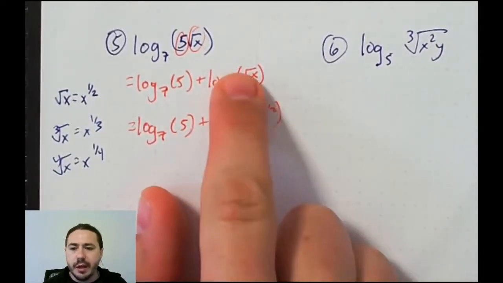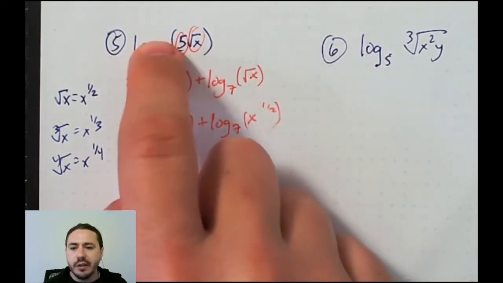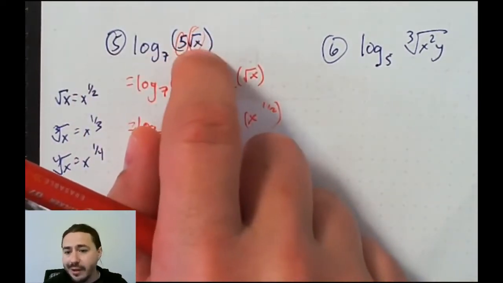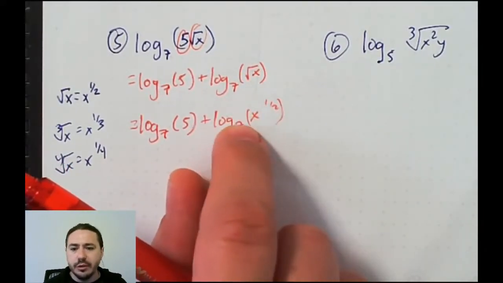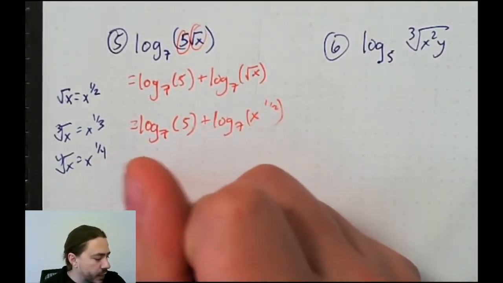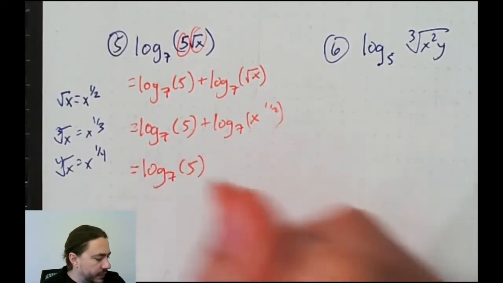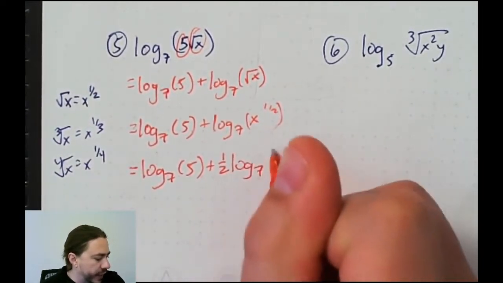That's going to be pretty helpful if we've got an equation where this is equal to something. If we want to undo the logarithm, this can be a way so that you don't have to worry about that. You basically get rid of the square root before you even do anything in the solving department. So I can finally write this as log base 7 of 5 plus 1/2 log base 7 of x.